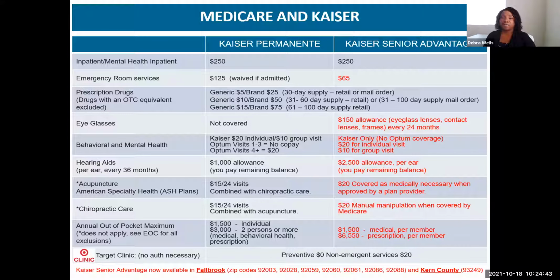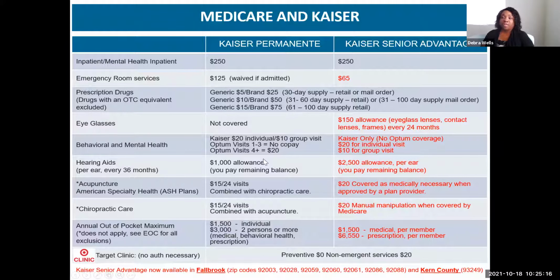Keep in mind, Kaiser Senior Advantage is the only Medicare plan that the university offers that has a vision benefit built into the plan. So sometimes Kaiser members may opt out of VSP because they already have this vision plan. And I have some retirees that will keep both vision benefits, because where this one gives you the benefit every other year, your VSP would work on the alternating years.